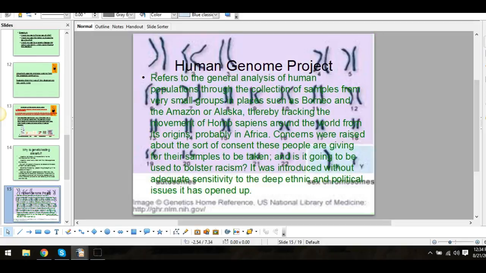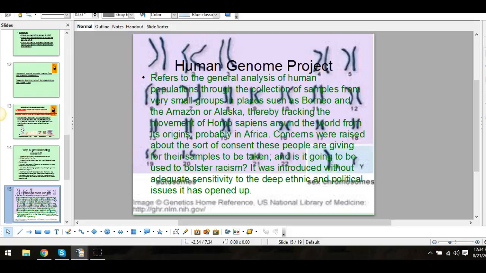You have probably heard about the Human Genome Project. It refers to the general analysis of the human population through the collection of samples from very small groups in places such as Borneo, the Amazon, or Alaska, and thereby we are trying to track the movement of Homo sapiens around the world from its origin, probably in Africa.